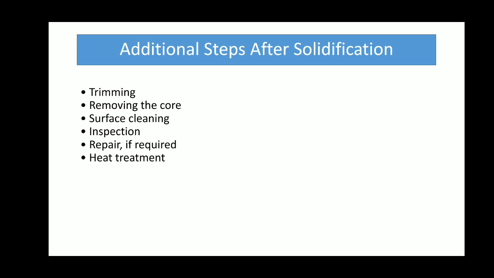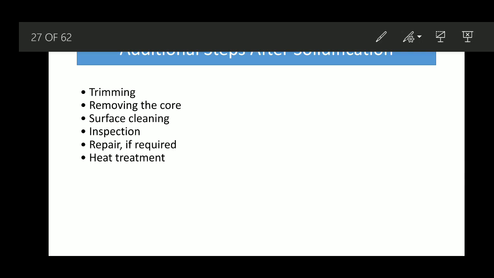It's also possible to cast these in a single go, but it's not always so that every time we'll be casting to the final shape. Depending on the requirement, there may be certain additional steps required after the solidification process is over. The first one is trimming.